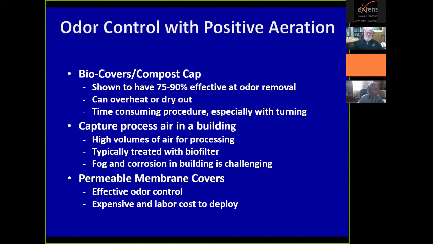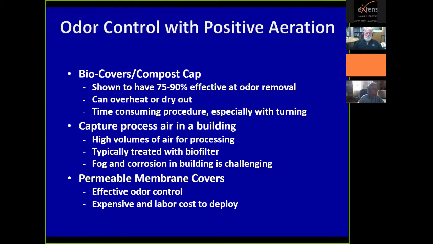Now, odor control, if you have a positively aerated system, can be done with what's called a biocover. This is basically a 6 to 8 inch layer of compost over your pile, and it should be an unscreened compost so you don't essentially choke off the pile. These have been shown through peer-reviewed scientific research to be very effective at removing odors.